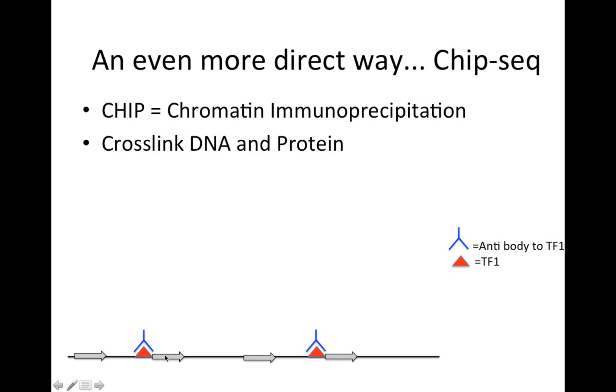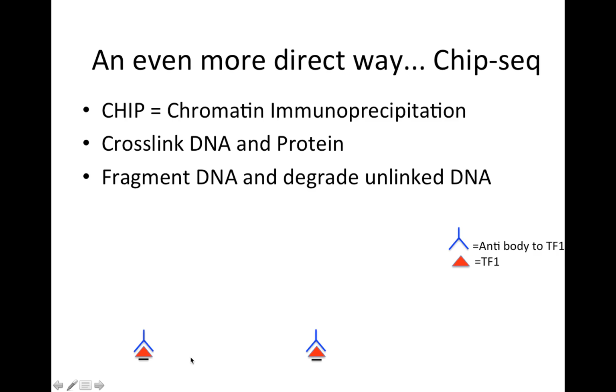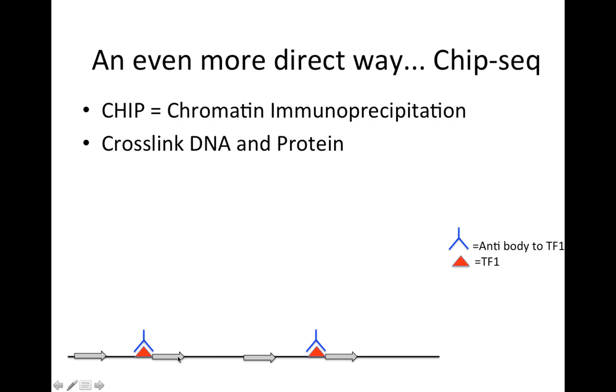And so now we can fragment the DNA, so it gets all into chunks, and we're going to degrade anything that's not linked. That means all the stuff in the middle that is not linked to our transcription factor we're going to get rid of. Now we're left with our transcription factor binding to a specific chunk of DNA. And remember, we're representing this as a line, but this sequence is different from this sequence, right?